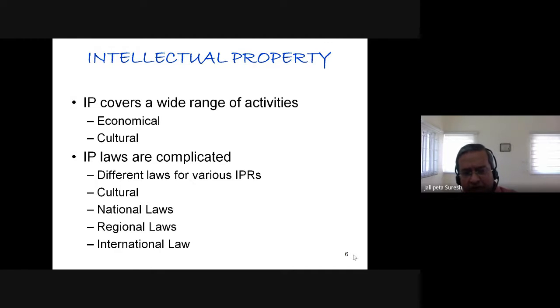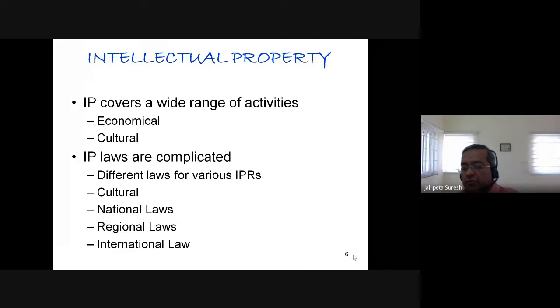And also the IP laws are very complicated. You have different laws for various types of intellectual property rights, which we're going to see. We have national laws, such as the Trademarks Act and the Patents Act, and regional laws.